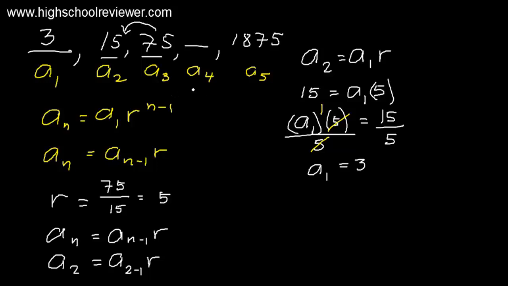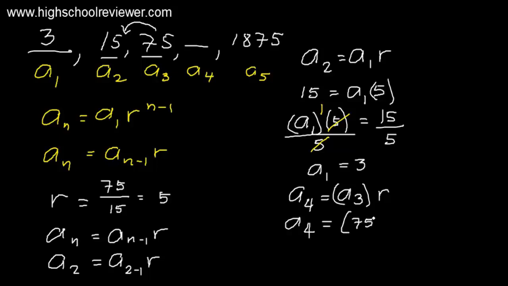Okay, so we will now find for a sub 4. Again, we will use this formula to find for a sub 4. A sub 4 here, this will be equal to the previous term, which is a sub 3 multiplied by r. And then substitute the values. A sub 4, this will be equal to, our a sub 3 is positive 75.